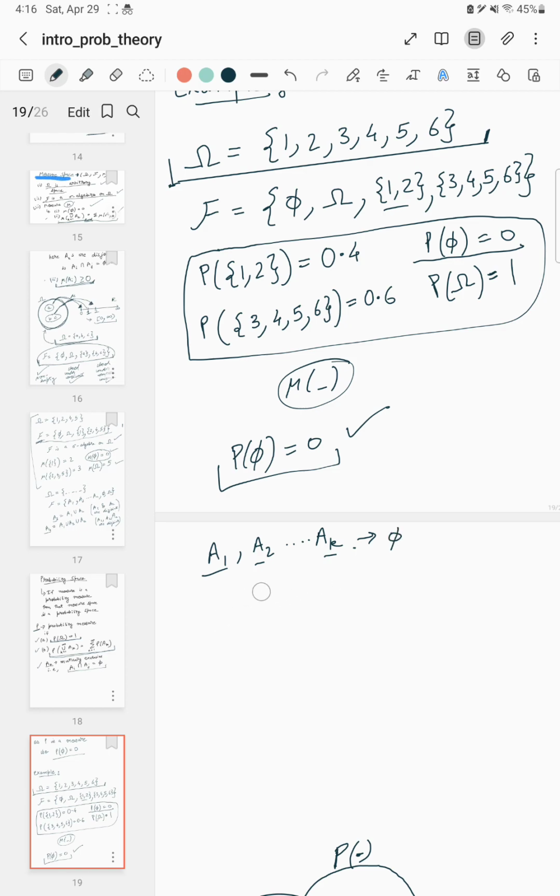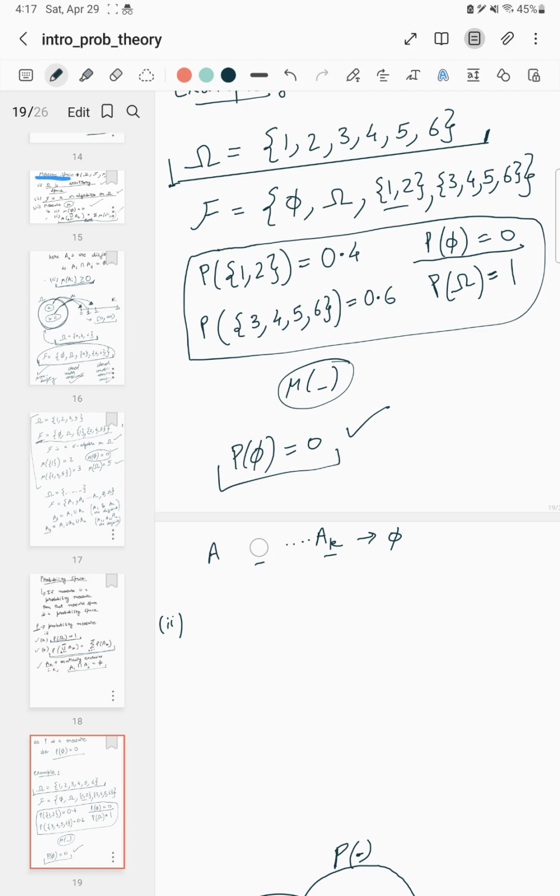So since they are disjoint, the probability of A1 union A2 till AK, all of them being disjoint, would be the summation of P of A1 plus P of A2 plus P of AK. Let's see if this condition is satisfied in this example.